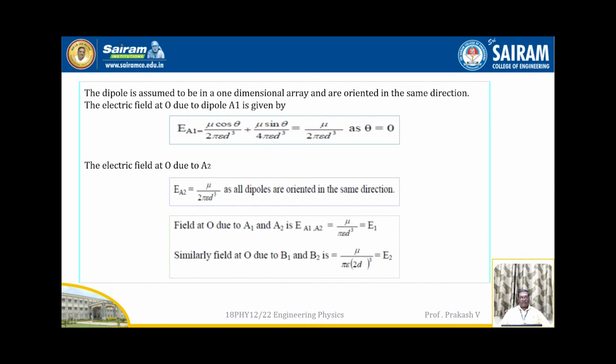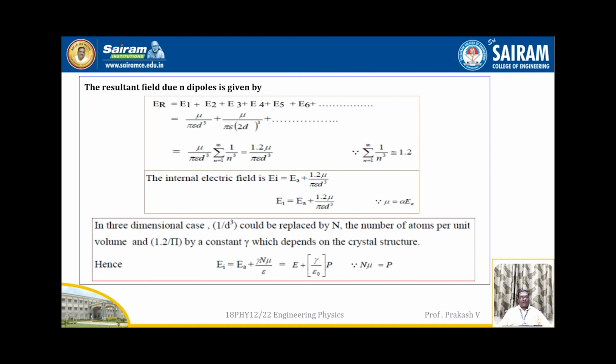Similarly, the electric field at O due to A1 and A2 is EA1A2 is equal to mu by pi epsilon d cube, that is considered as E1, and the electric field at O due to B1 and B2 is equal to mu by pi epsilon into (2d) whole cube, that is taken as E2. The resultant field due to n dipoles is given by ER, that is equal to E1 plus E2 plus E3 etc. After simplification, the internal electric field EI is equal to EA plus 1.2 mu by pi epsilon d cube.